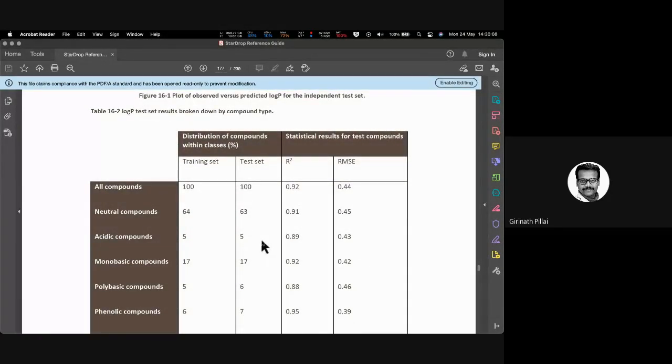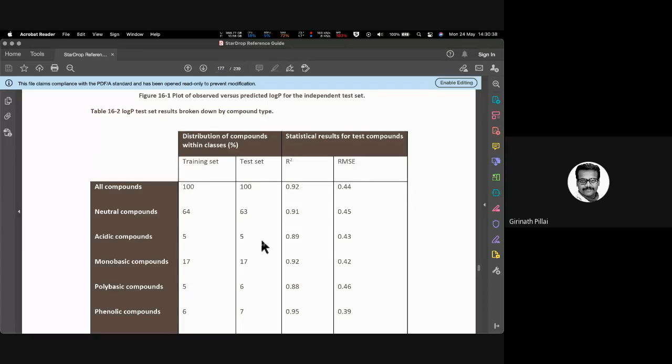Sir, for the same compound, if I try to predict ADME properties using different tools, I always get different answers. Which one to believe? Should I believe the highly paid software or should I believe the freely available software? The only answer is that whichever software is talking about applicability domain, or standard deviation, or the error value, that software you have to believe.